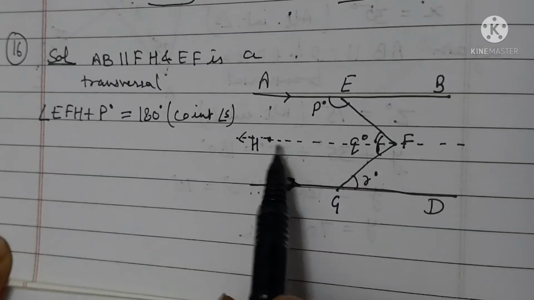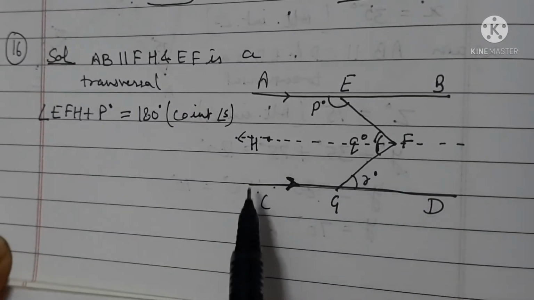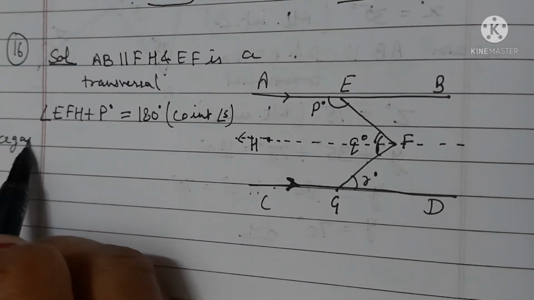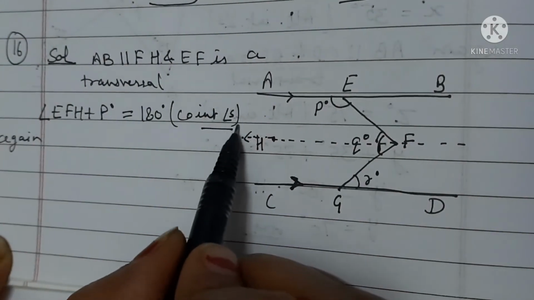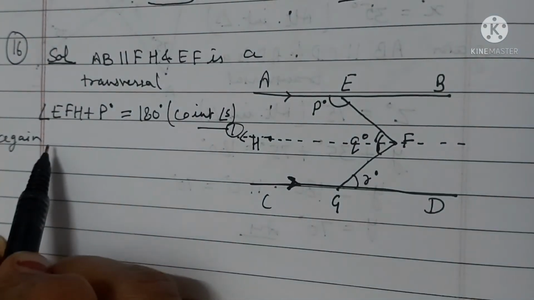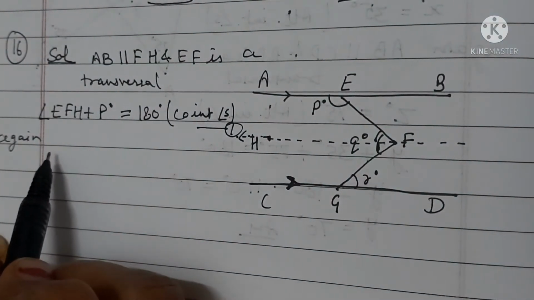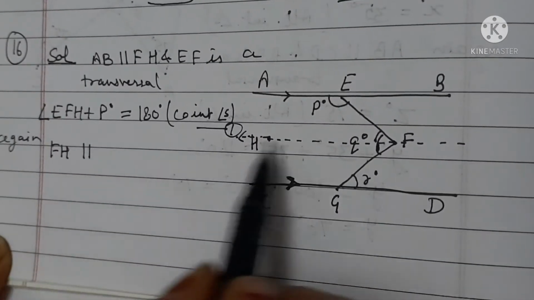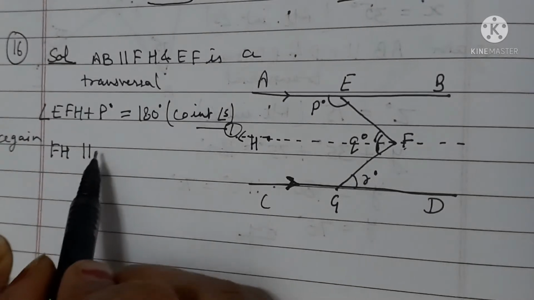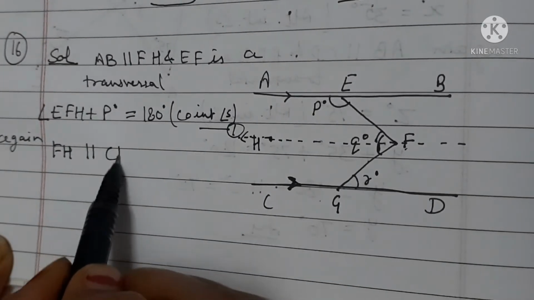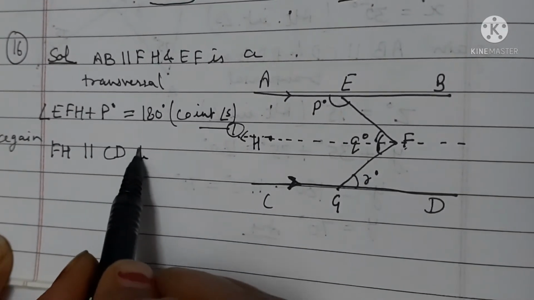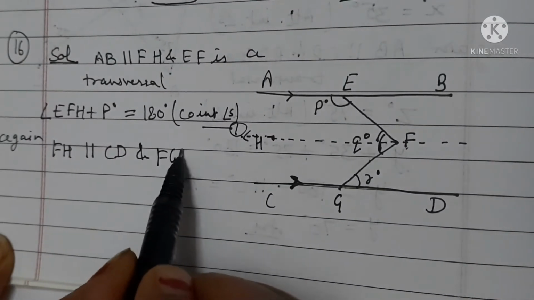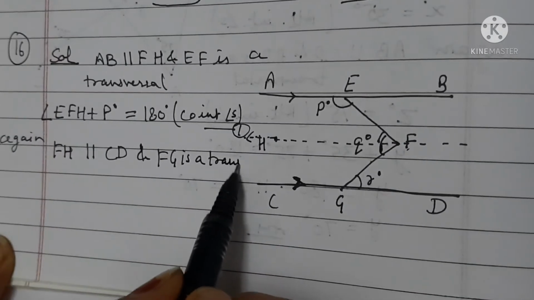And taking another pair, FH is parallel to CD. This is the first equation, and for the second, taking FH parallel to CD, and what is the transversal? FG is the transversal.